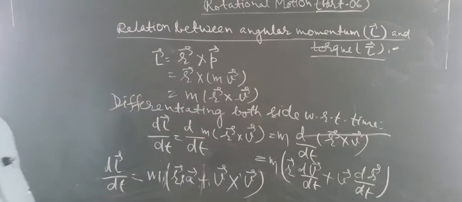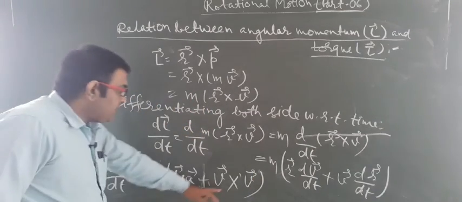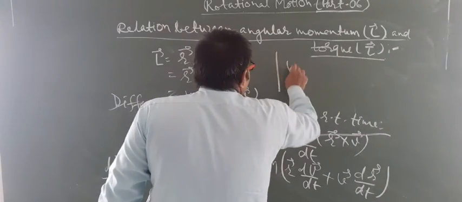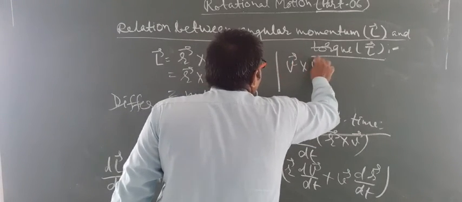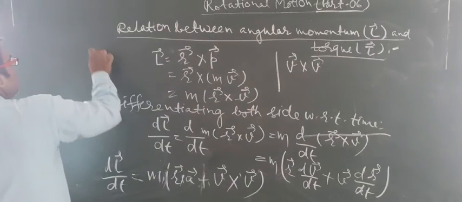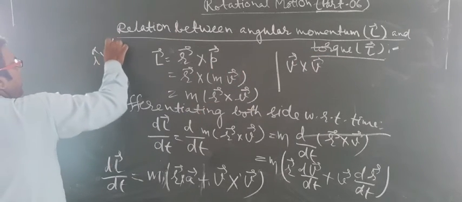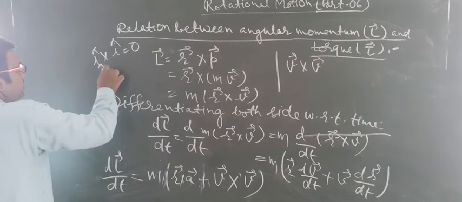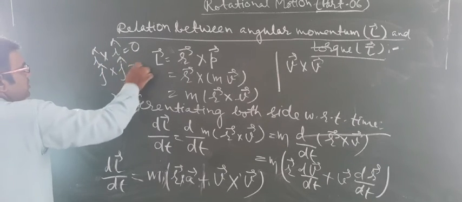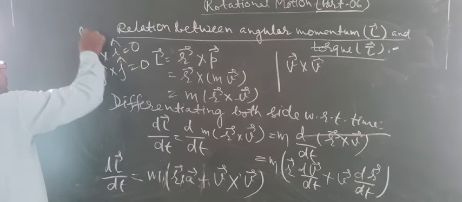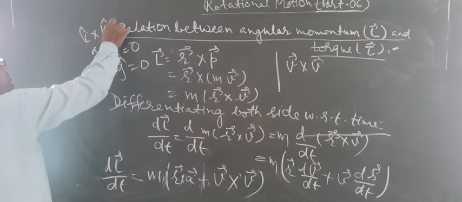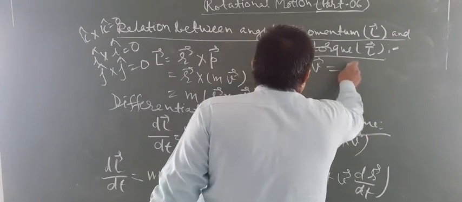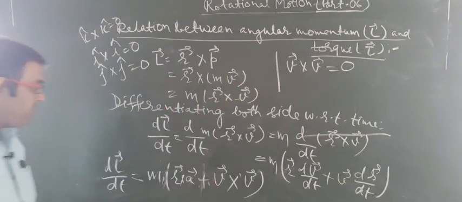The differentiation of position is velocity v, and as you know the cross product of similar vectors is equal to 0. So v cross v, as we studied in the cross product, i cap cross i cap is 0, j cap cross j cap is 0, k cap cross k cap is 0. So all the cross products are 0, and this term has the value 0.